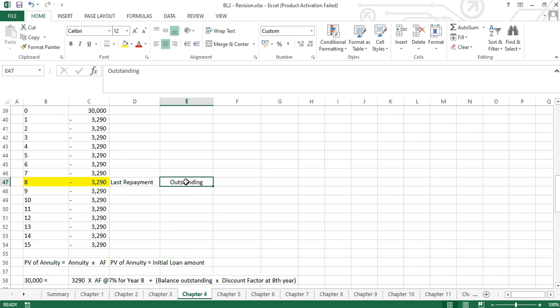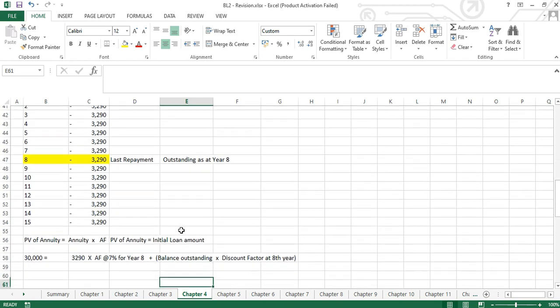Since it's outstanding at year 8, we use the discount factor because it's not an addition of several years, it's as at. So we use the discount factor without the annuity factor.